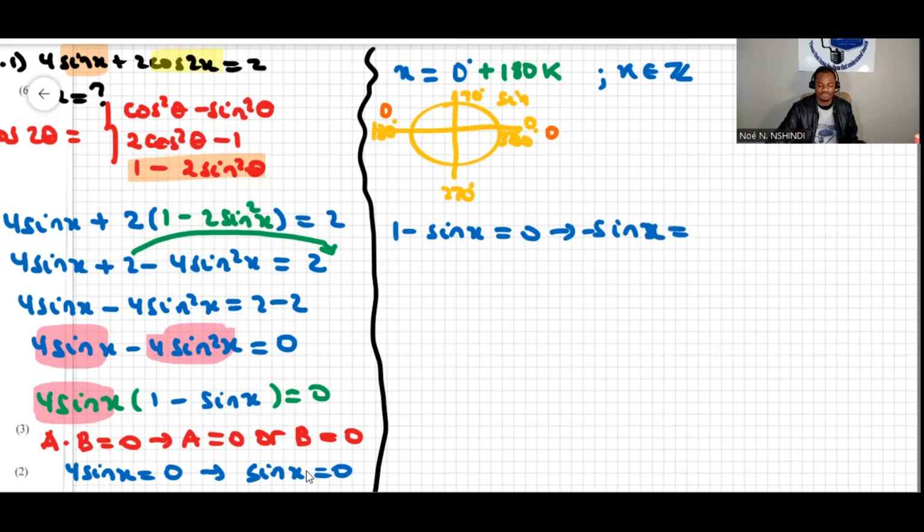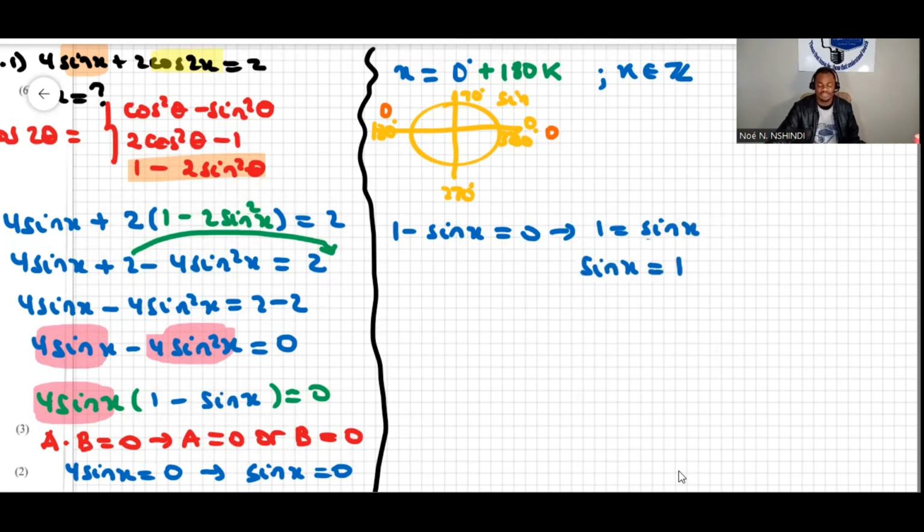Then we also have 1 minus sine x equal to 0, which means that negative sine x equals negative 1. I don't know if it's clear. Or we can just move sine x over: 1 equal to sine x, and then reversing the order, sine x is equal to 1.